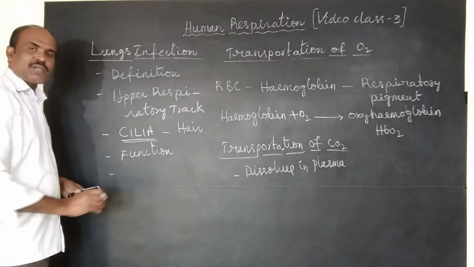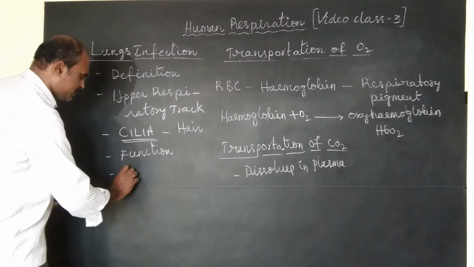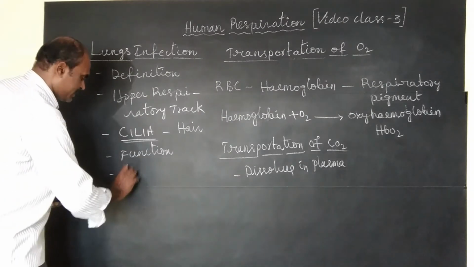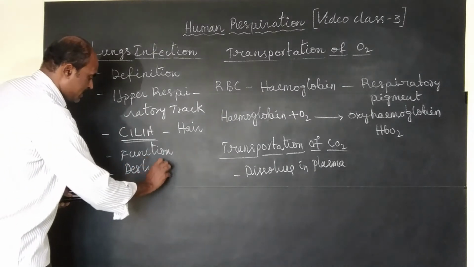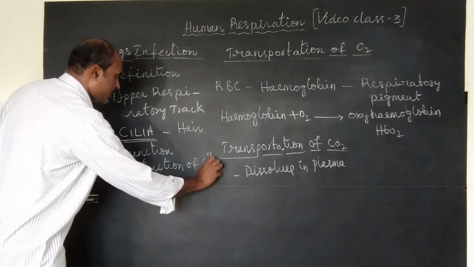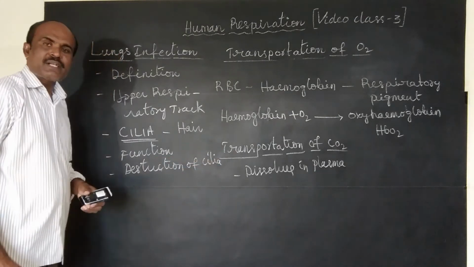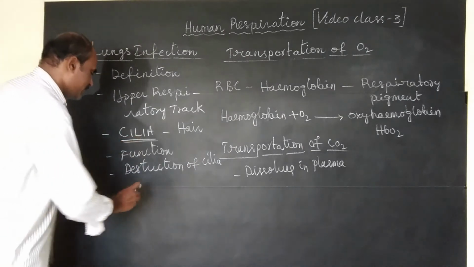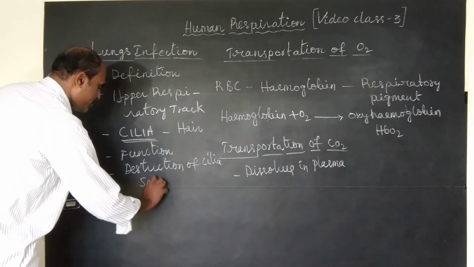Okay, now let us talk about destruction of cilia. How cilia get destructed? Try to understand. Smoking destroys cilia. It is smoking.